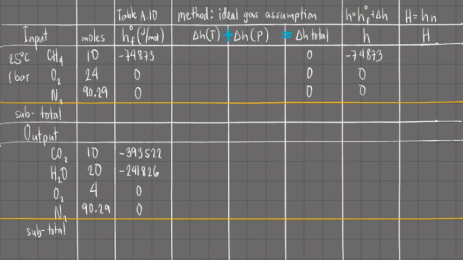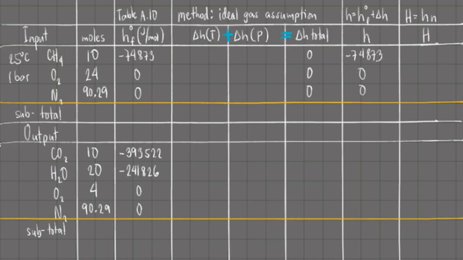Okay, take note of the formula above for the final enthalpy, and that is the standard enthalpy of formation value plus delta H. Our delta H total is 0 if your substances are on the standard state. Let's move on to the outputs or the products. On our final column, we have our capital H or our final absolute enthalpy.